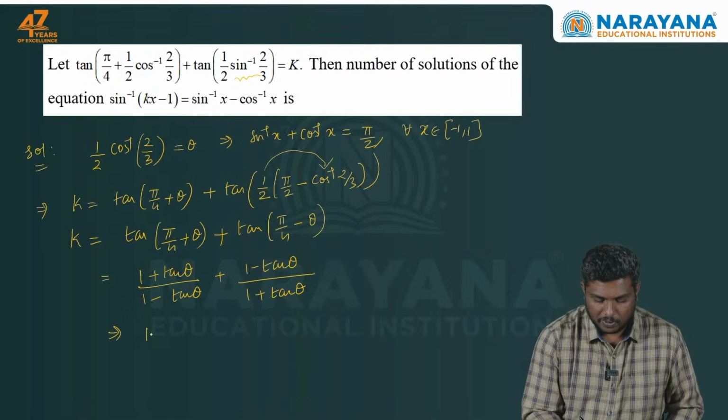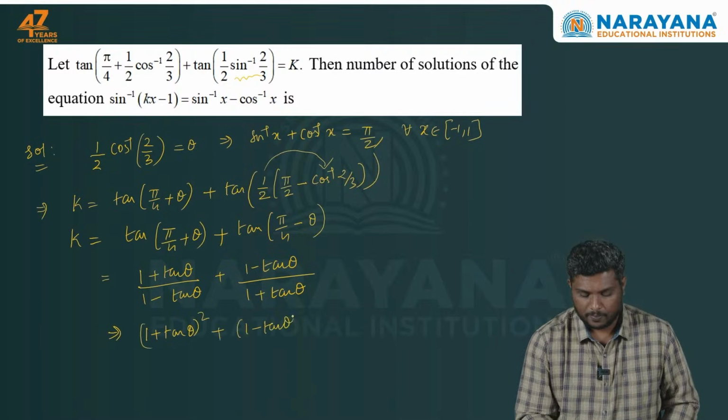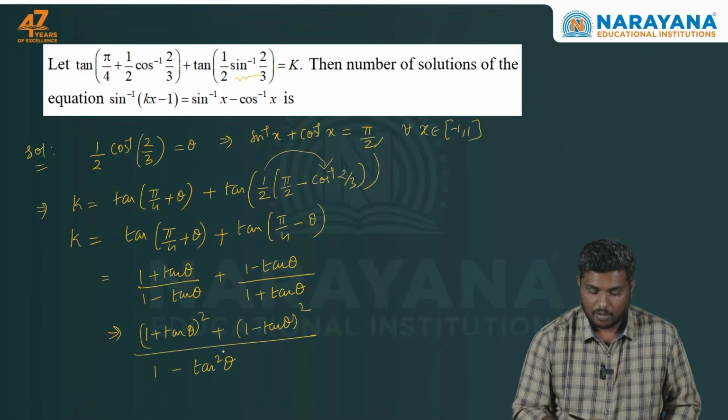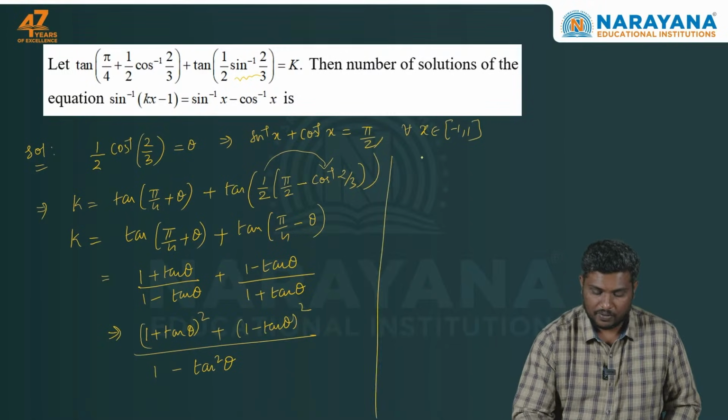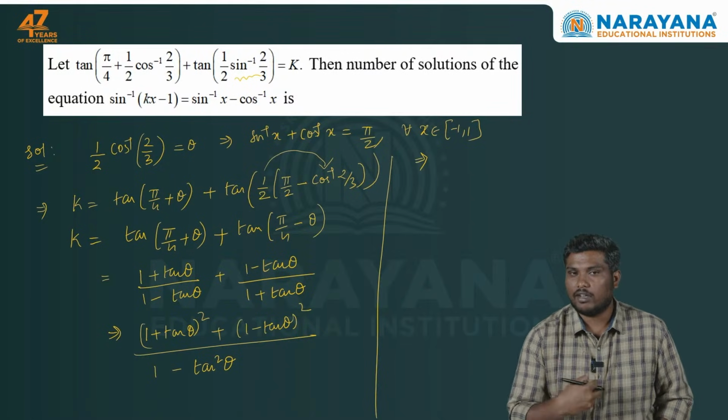So this is going to be, you have to just simplify this one, 1 plus tan theta whole square plus 1 minus tan theta whole square, and by denominator you're going to get 1 minus tan square theta, and this I can simplify further. So a plus b whole square plus a minus b whole square, using such identities will further save our time.